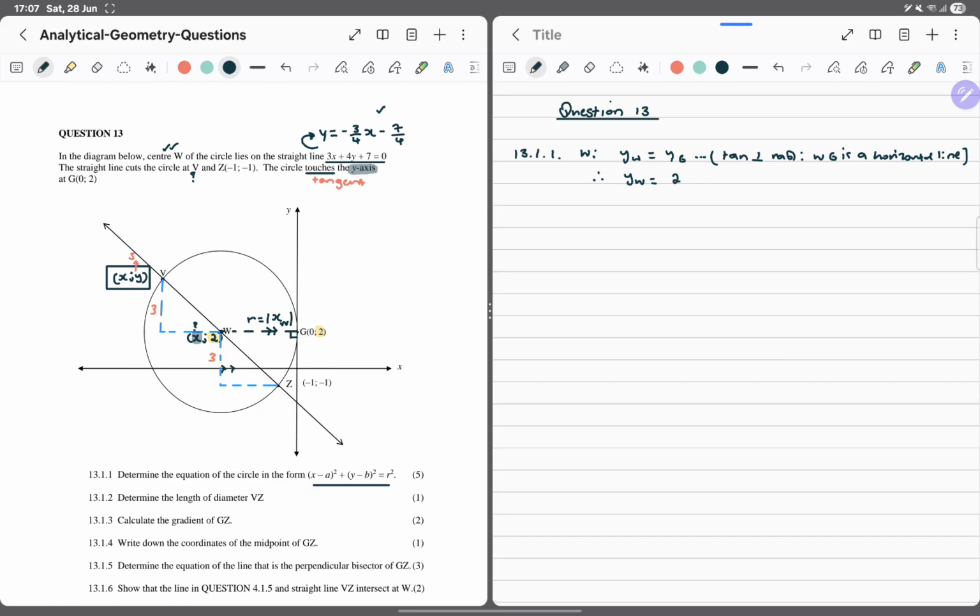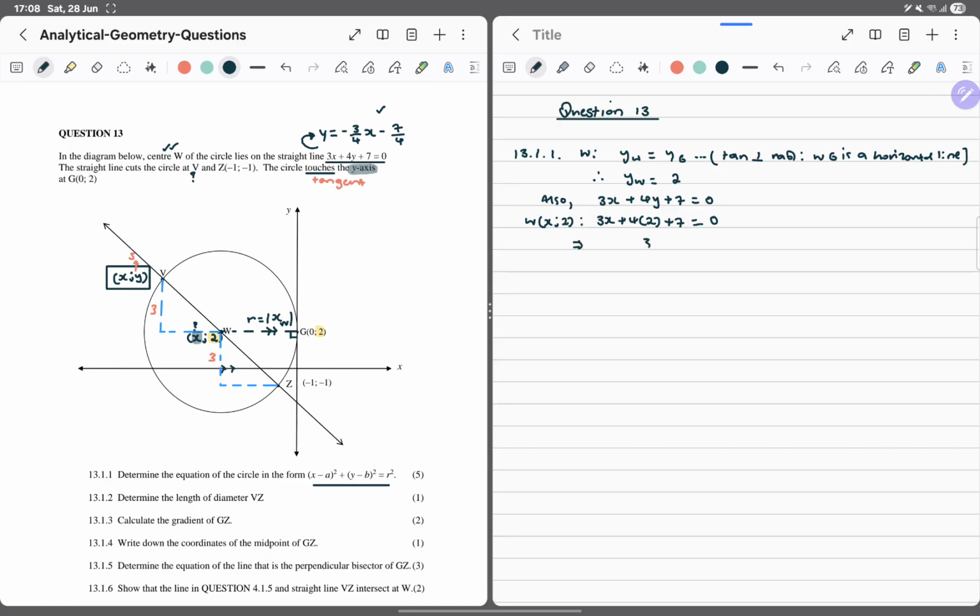Very important. We can say also, we know that with that equation 3x plus 4y plus 7 equal to 0, when we substitute y at W is 2, we get 3x plus 4 into 2 plus 7 equal to 0.